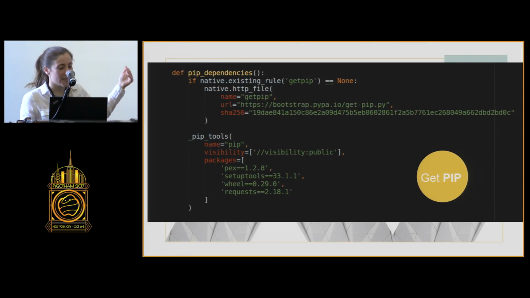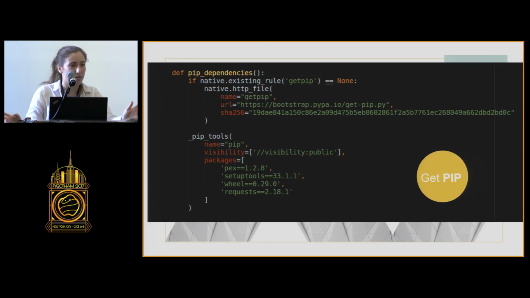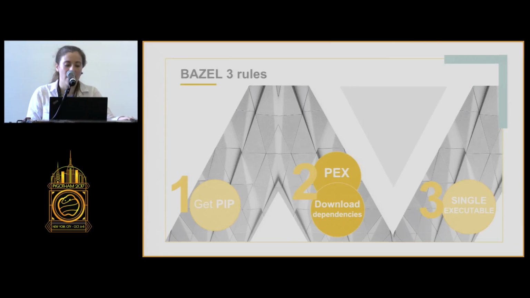Pip dependencies itself just makes use of Bazel's existing native rules that have lots of functionality, so we can get a file into a certain folder and make it public, and then we can use that file to install pip and to install pex, requests, and all our other things.